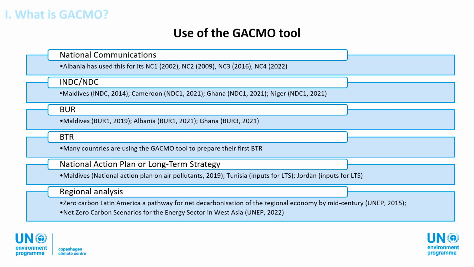Maldives, Albania, and Ghana used it for biennial update reports. It also has been used for national action plan or long-term strategy, for example, by Maldives and Tunisia. It has also been used for regional analysis in the case of Latin America and West Asia. Many countries are using GACMO tool to prepare their first Biennial Transparency Report under the Paris Agreement.